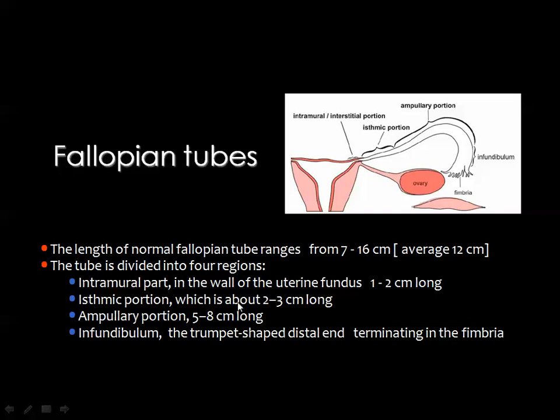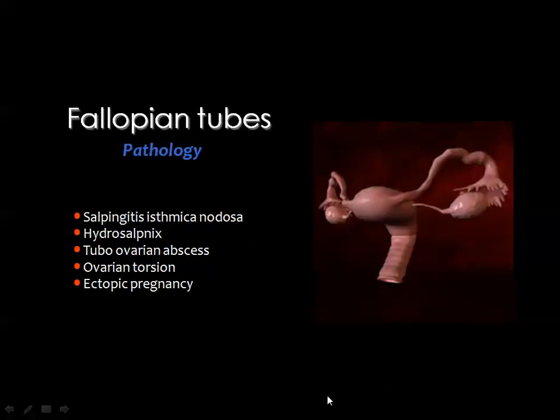The isthmic portion, which is the second segment, measuring about 2 to 3 centimeter. Then the ampullary portion, which is the largest one or the longest one, measuring about 5 to 8 centimeter. Then the infundibulum, which is closely related to the ovary.